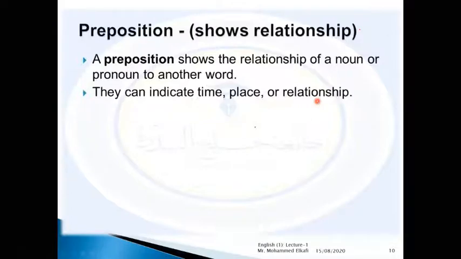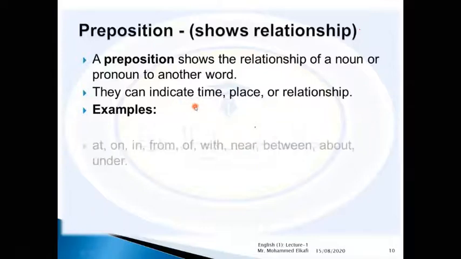Two things, two nouns maybe, or even two words. Here we think of some different types of prepositions.